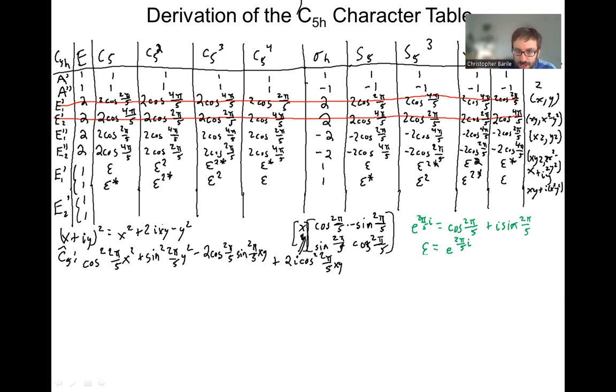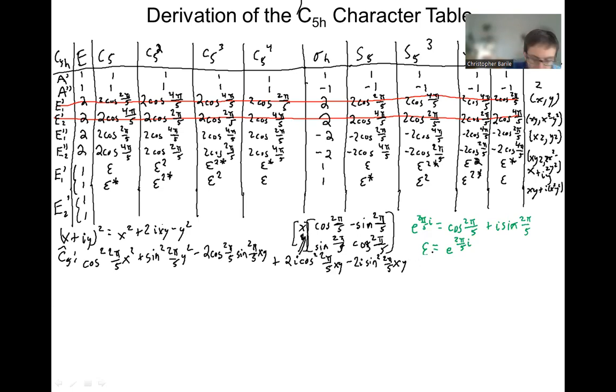That's basically the cosine terms, and then remember, we're multiplying by 2i. Then we're going to have a minus 2i sine squared, because one of the signs is minus, sine squared 2 pi over 5 xy. And then we have the x squared terms.